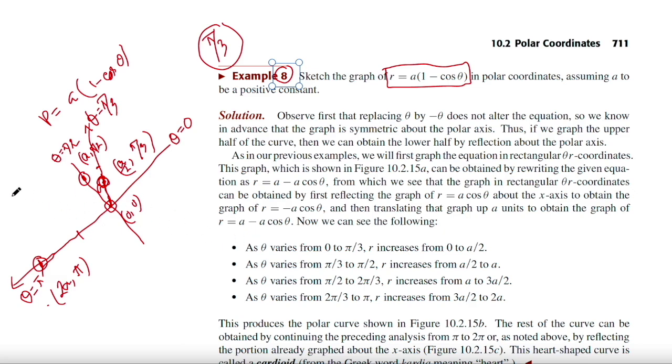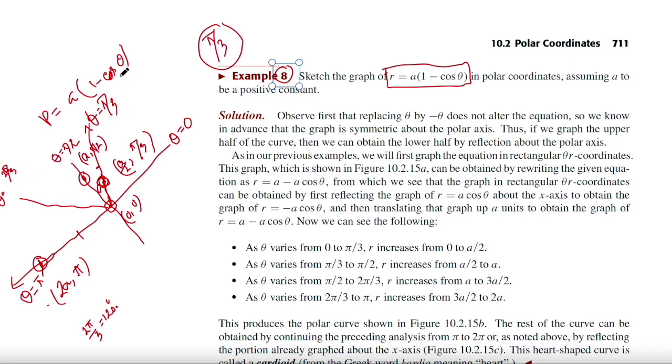Now we need another point in between. Let us consider 2 pi by 3. 2 pi by 3 means 120 degrees, right? Yes, sir. What is the value of cos 120 degrees? 120 will be in this. Sir, minus half.